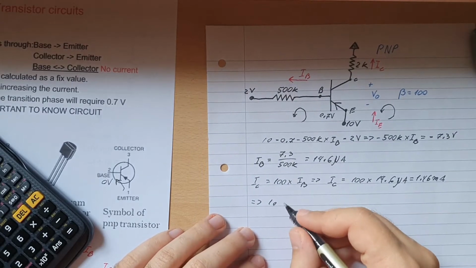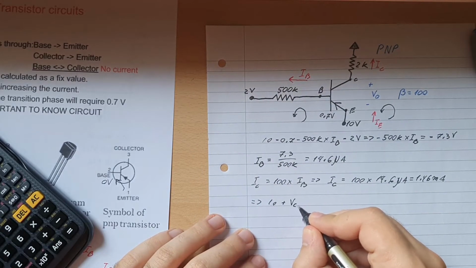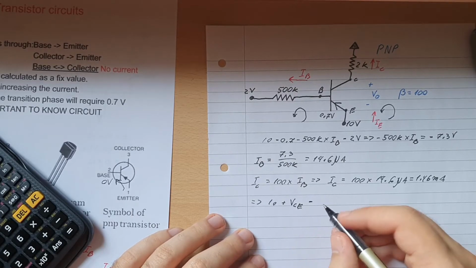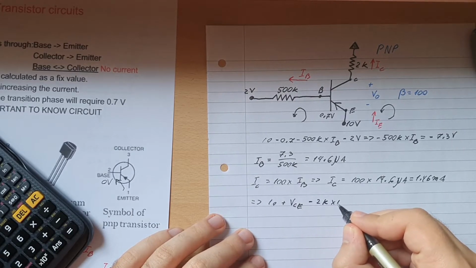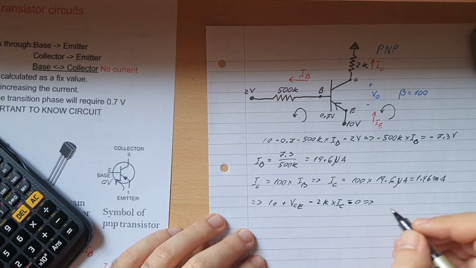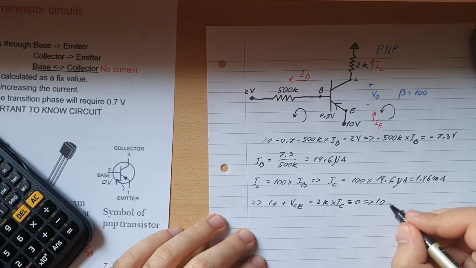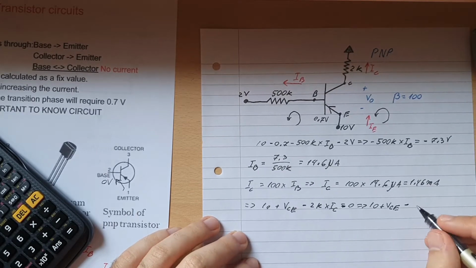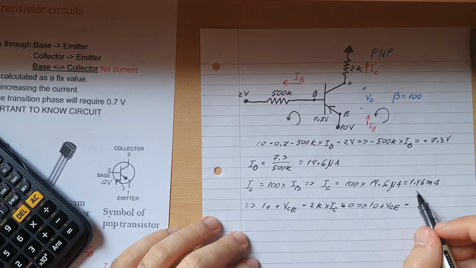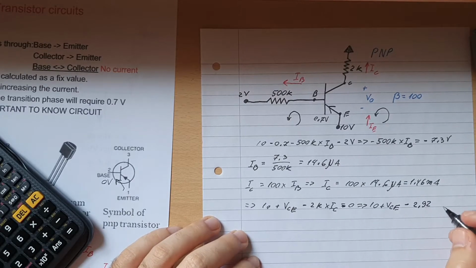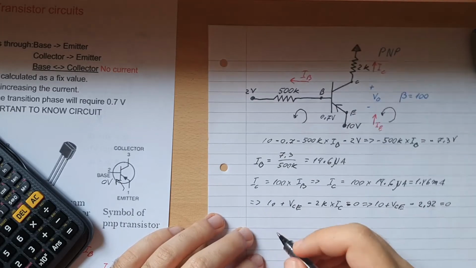So that'll be 10 plus VCE minus 2k times IC, and that will be equal to 0. Therefore 10 plus VCE minus 1.46 milliamps multiplied by 2k, that will simply give you 2.92, and that will be equal to 0.